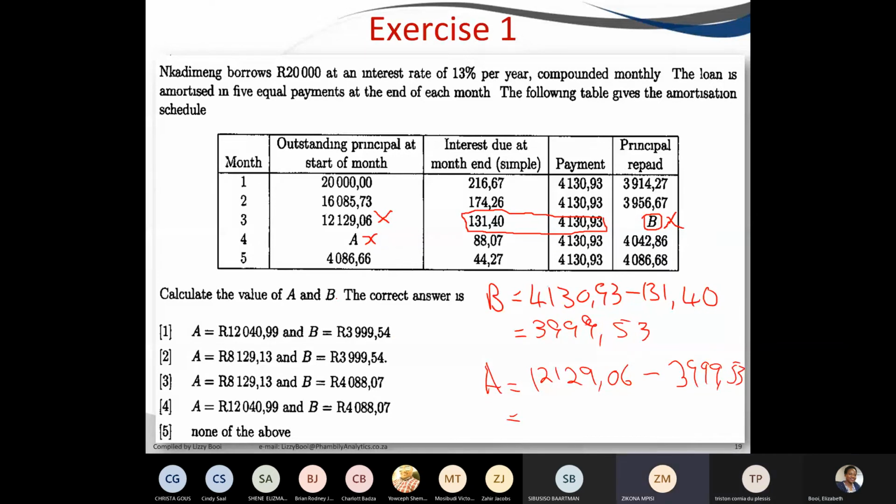You get 8129.13. It's not exactly 13. It's number 2, Lizzie. That will be your answer.